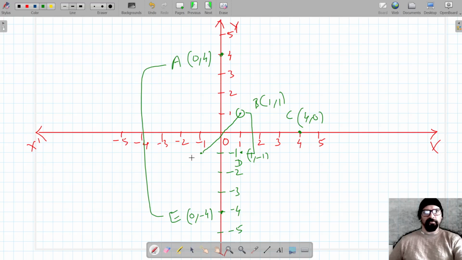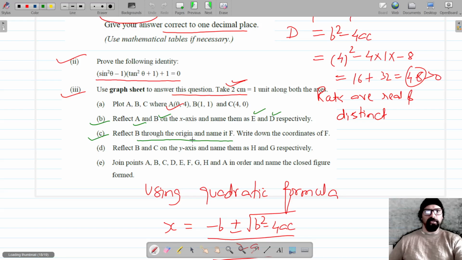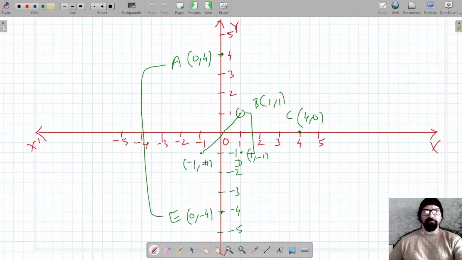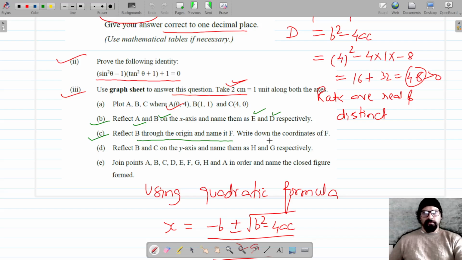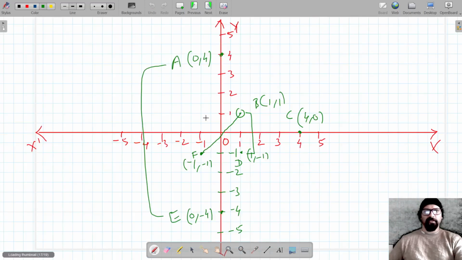So it becomes -1, -1, and we name it F. So this is F. Now write down the coordinates of F. The coordinates of F are -1 and -1.